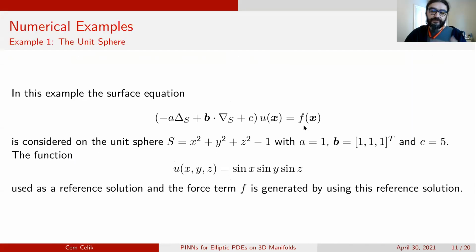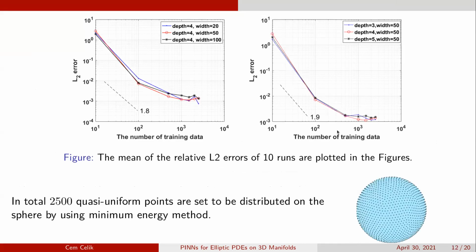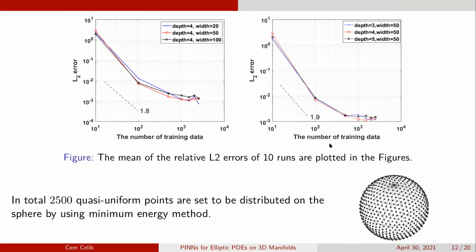Since they are using PINNs, of course, PINNs should approximate and converge to a function. But I think the L2 errors are with respect to the data, because they want to show convergence. Yeah, it converges. So they want to show convergence, but it converges to the wrong answer because the reference is wrong.